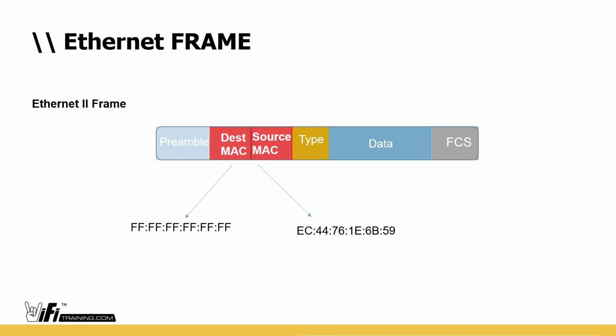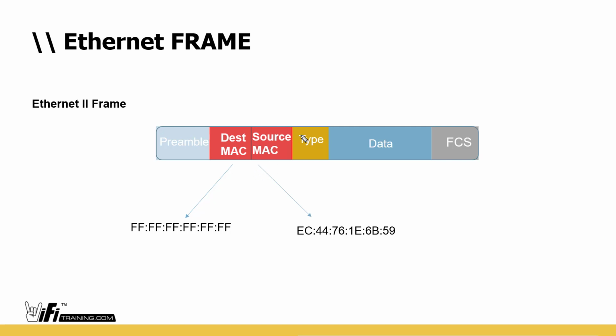Now, at layer 2, the type of traffic that we send on a wired network is a wired Ethernet frame. Okay, so this wired Ethernet frame is a well-defined frame, and there's two key components to it. One is a destination MAC, and the other is a source MAC.